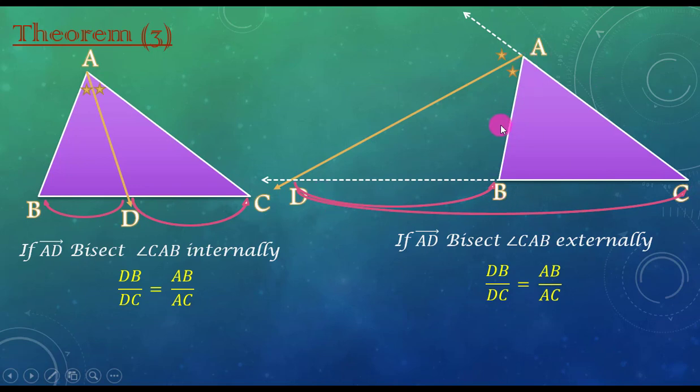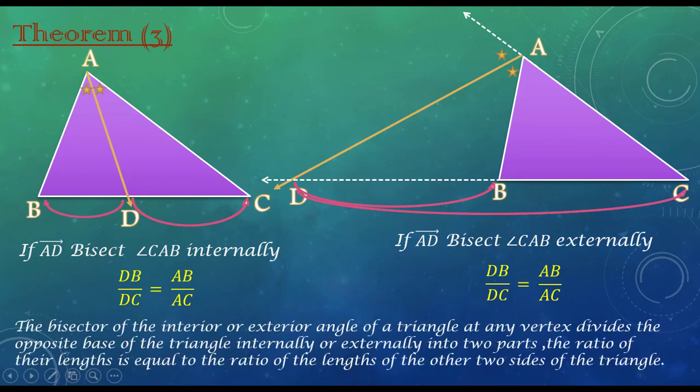Here AB is nearer to D and AC is far from D. So the short part corresponds with the part near to the point of intersection, or point of division, and the long part corresponds with the far part AC.